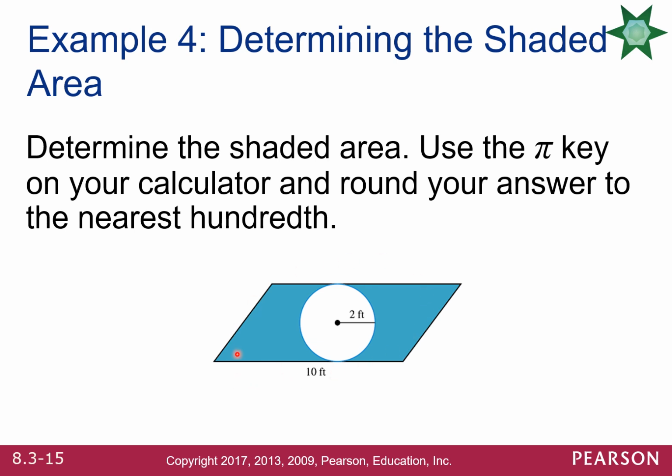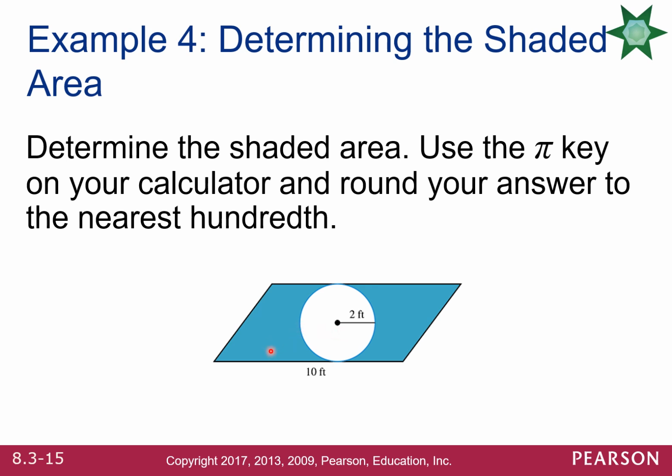So we know that we have the parallelogram here. This blue is the parallelogram, and within it is a circle, a circular plate, and the base, or the length of the bottom of the parallelogram, is 10 feet, and the radius of the circle inside it is 2 feet.